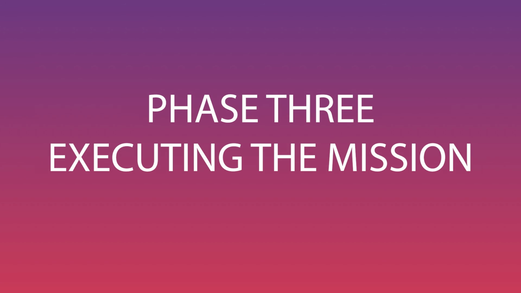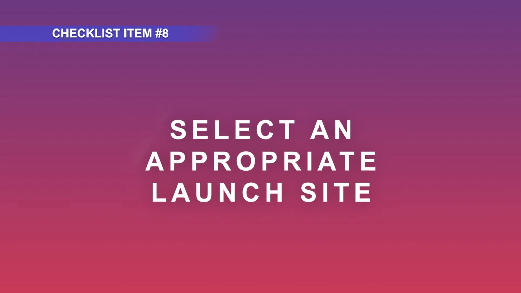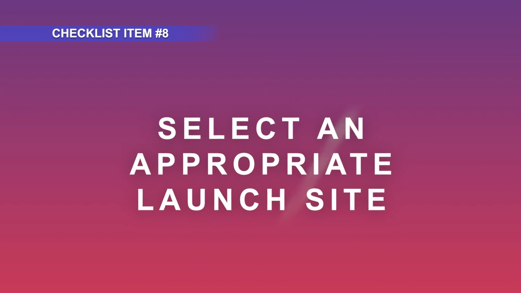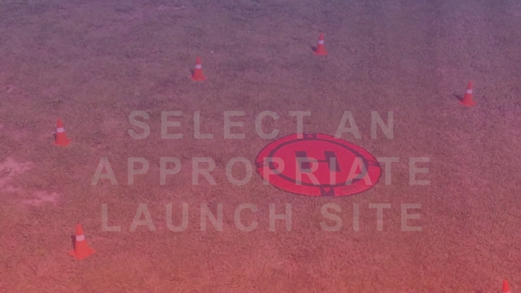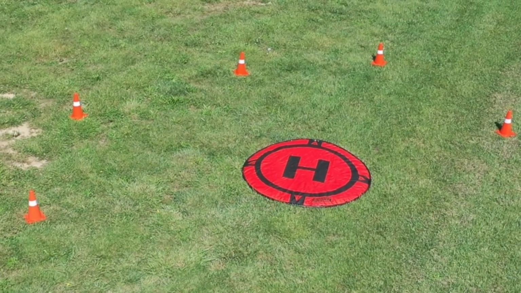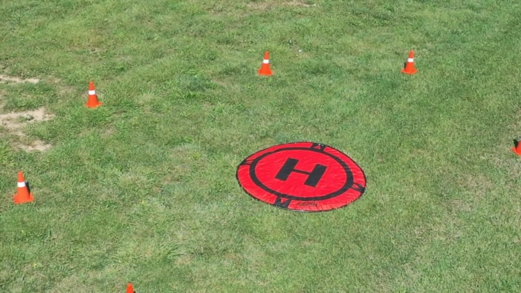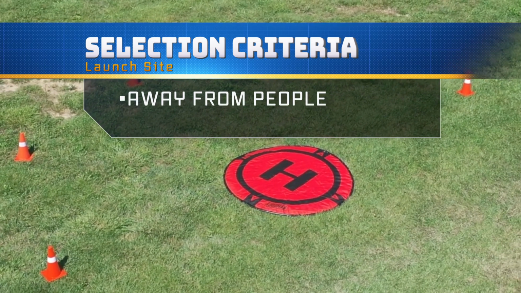And that brings us to our third and final phase, executing the mission. Item number 8 is to select an appropriate launch site. And whatever site that you choose needs to be away from people.